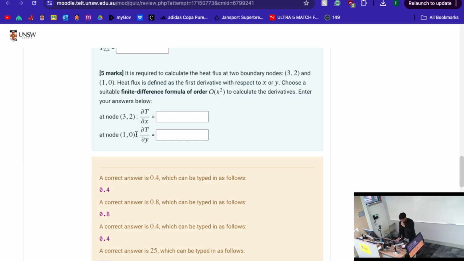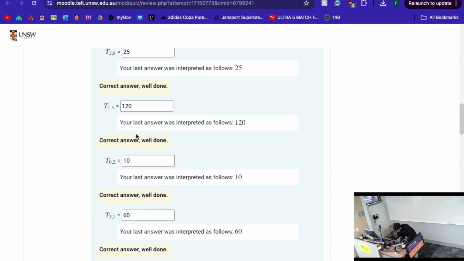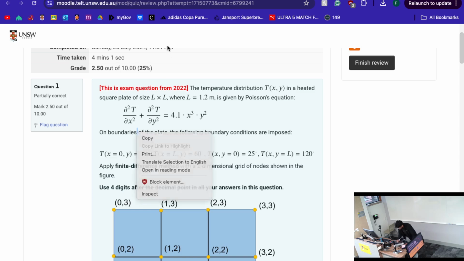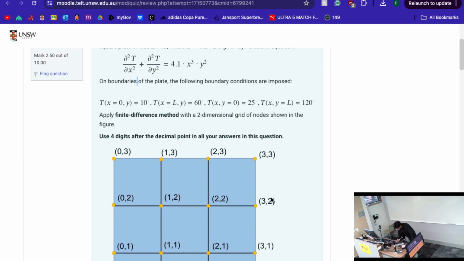Wait, let me quickly try it out then. So at 3, 2, I'm gonna quickly try this one so you guys get it as well. Temperature at 3, 2 is 60.